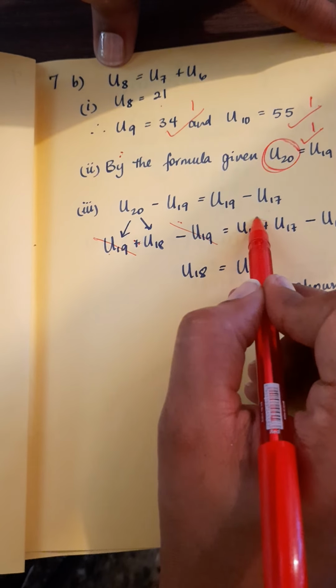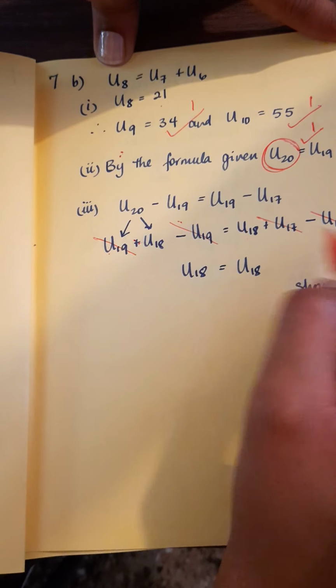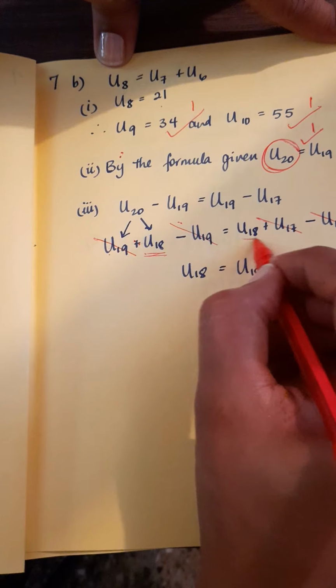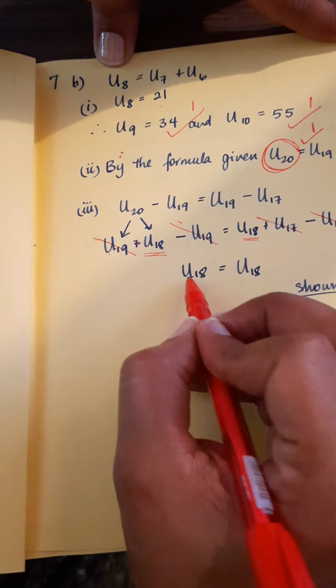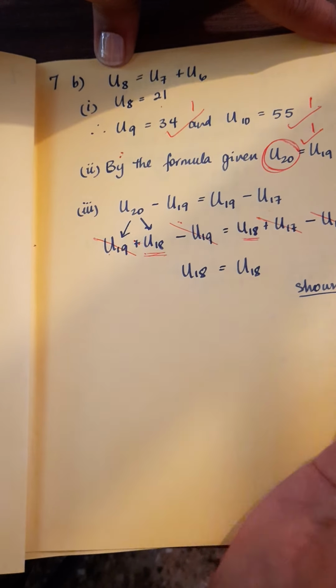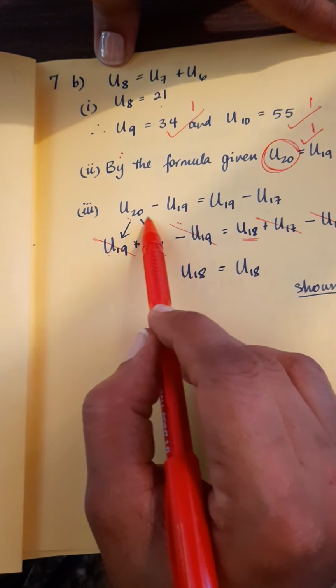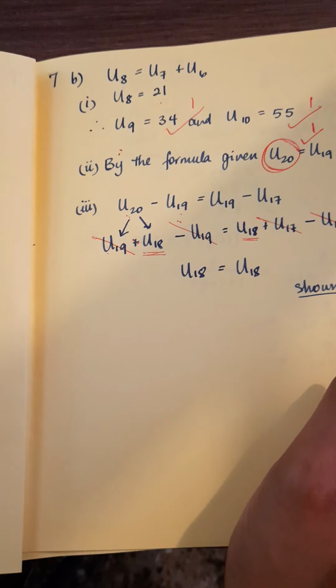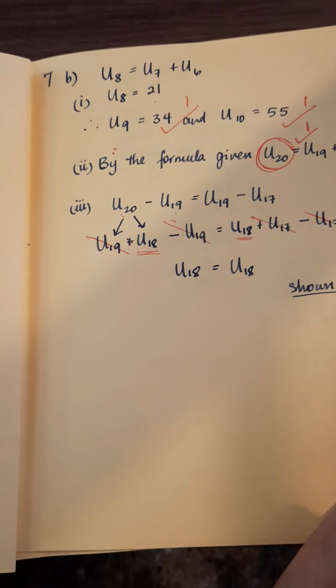And this positive u17 minus u17 also cancels out. What we are left with was u18 on both sides. Since we have u18 on both sides and they're equal, we have shown that u20 minus u19 is equal to u19 minus u17. This is 2 marks.